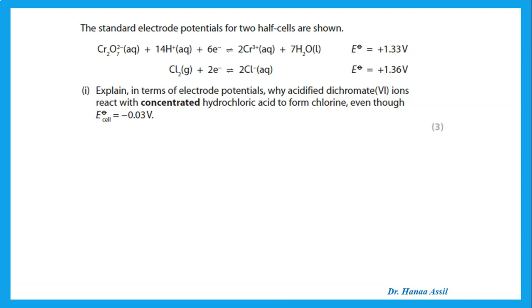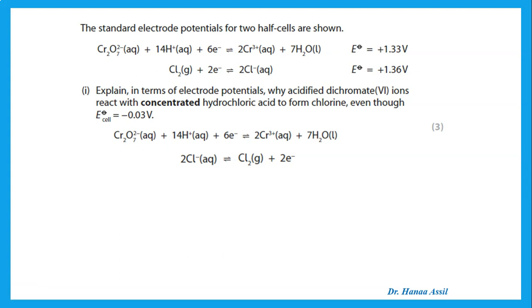Okay, this question says the standard electrode potentials for 2 half cells are shown. Explain in terms of electrode potentials why acidified dichromate ions react with concentrated HCl to form chlorine even though the overall E cell is -0.03 volts. So these equations that we have, we have the chloride going to chlorine and the dichromate going to chromium 3+.